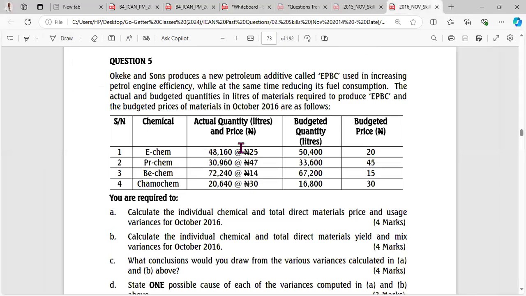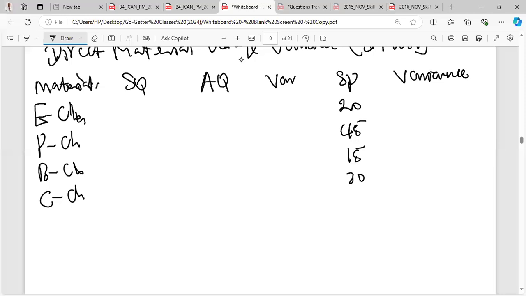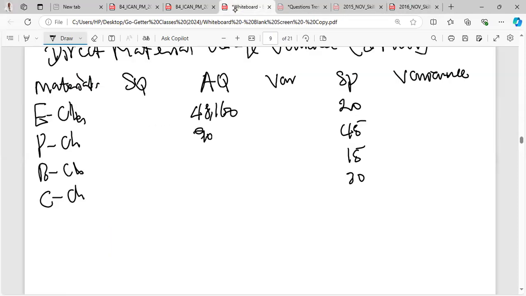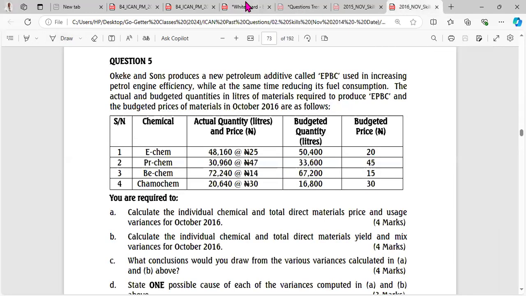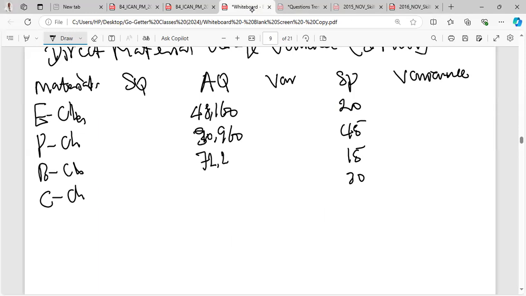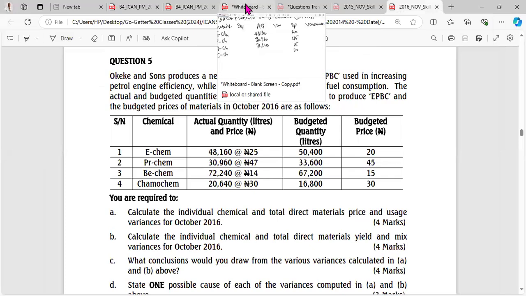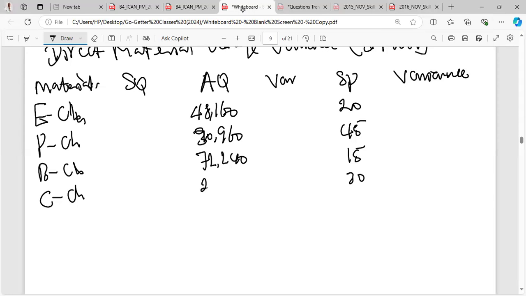Actual quantities: 48,160, 30,960, 72,240, and then we have 2640. Okay, now that we have that, so these are our actual quantities.